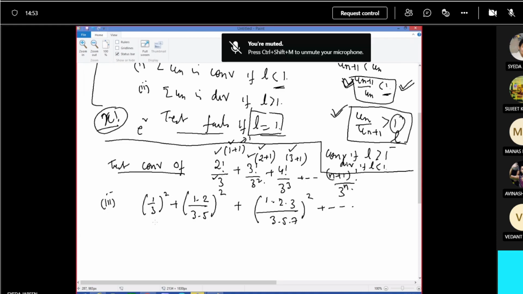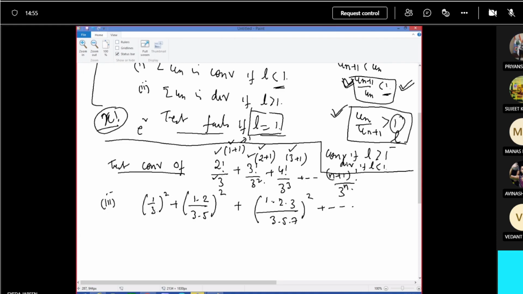In factorial form you can write it like (n+1) factorial over 3 to the power n. No, why n plus 1 factorial? Because the first term is 1, second is 1 into 2, then it is 1 into 2 into 3. So the nth will be 1 into 2 into 3 into dot dot to n, not n plus 1.